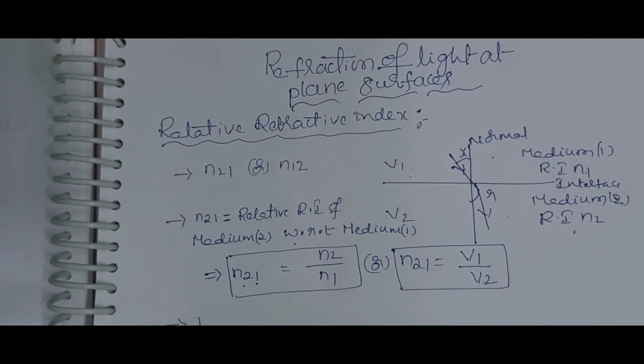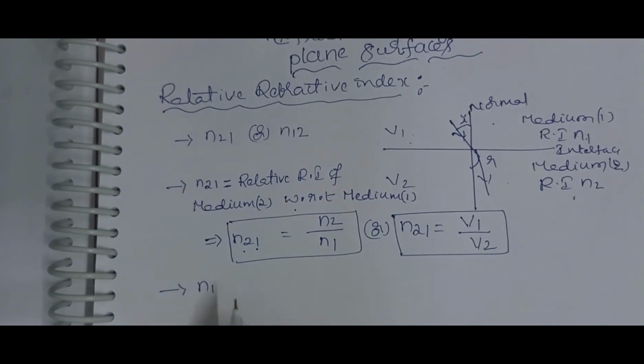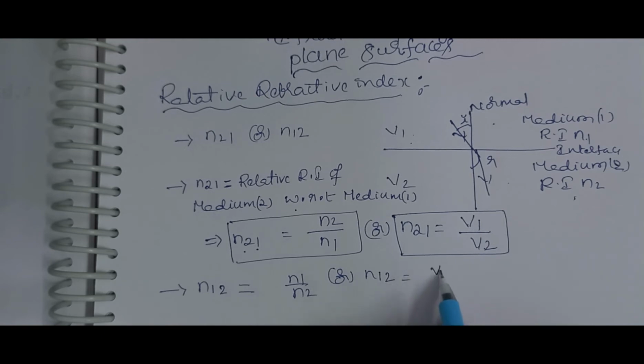Similarly, n1 by n2, or n12, is equal to v2 by v1. The ratio between the refractive index of medium 1 and the refractive index of medium 2 is called the relative refractive index of the first medium with respect to the second medium.